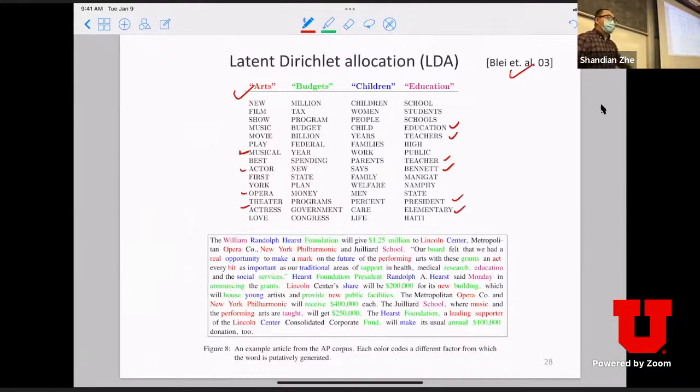Once you can extract those keywords, it will be very helpful to give you better search results.